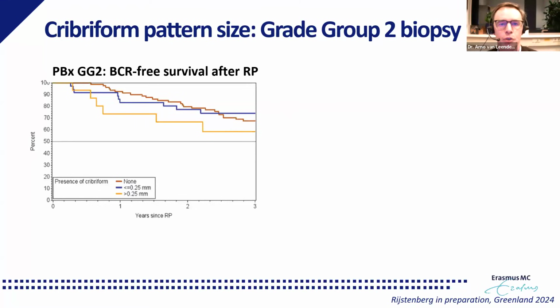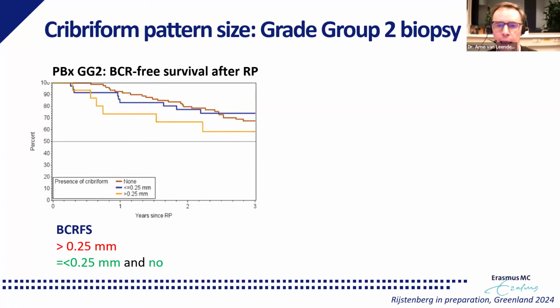But we should keep in mind that this is all about adverse pathology and biochemical recurrence-free survival. What happens if you look at other endpoints like metastasis-free survival? Several studies have found that cribriform pattern is very strongly associated with metastatic features. You will hardly ever find any metastasis if there is no cribriform pattern present in the prostate.